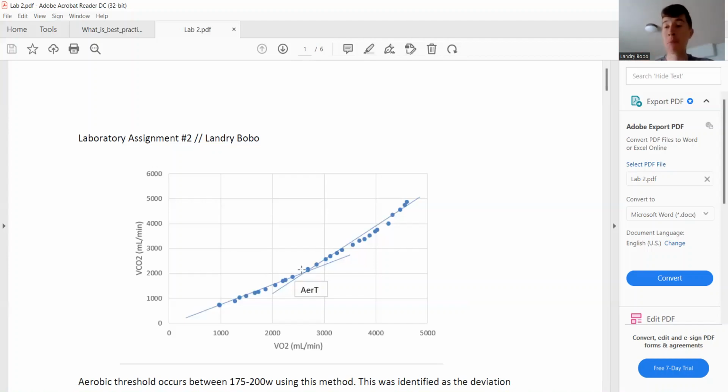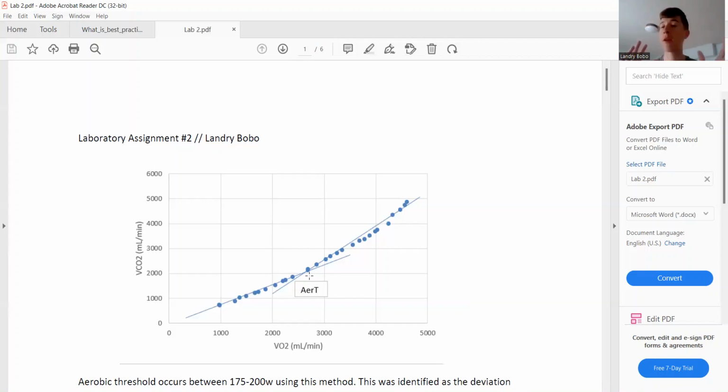But to prevent that from happening, to prolong your ability to continue to exercise, you have a bunch of bicarbonate circulating around in your blood, and that will buffer the hydrogen ions. That will basically bond to the hydrogen ions and prevent them from increasing the acidity in your muscle.